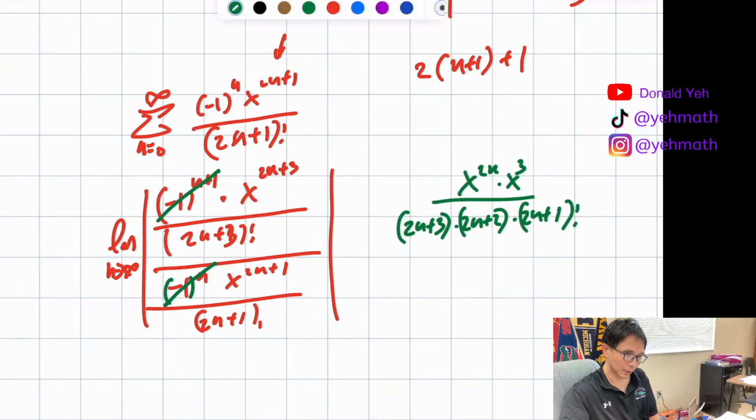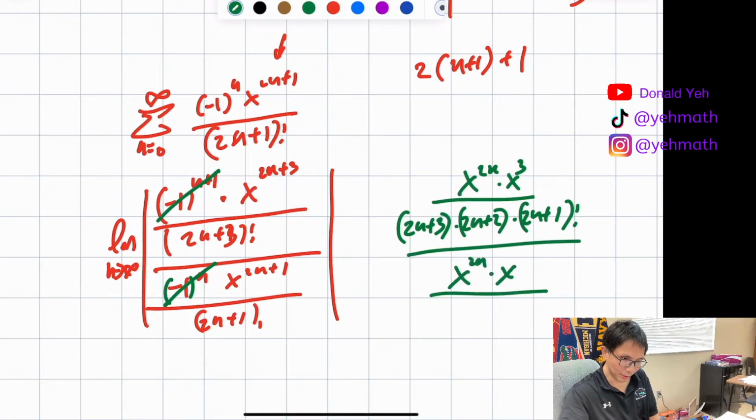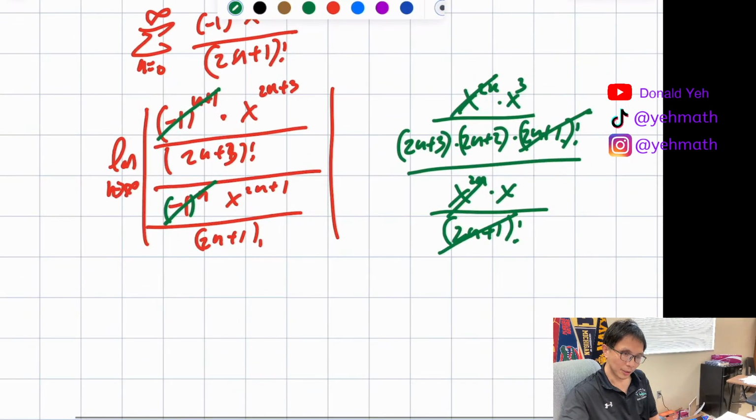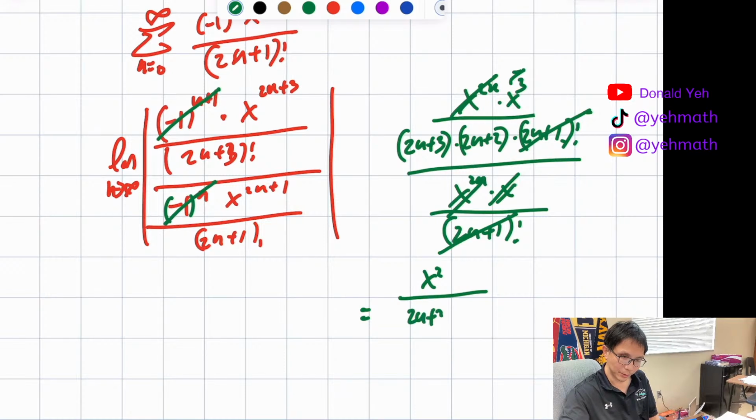Factorial, over x to the 2n times x, over 2n plus 1 factorial. There's a reason why I stop at 2n plus 1 factorial, because this can cancel and this can cancel. So eventually this cancels, and that's going to be x squared over 2n plus 3 times 2n plus 2.